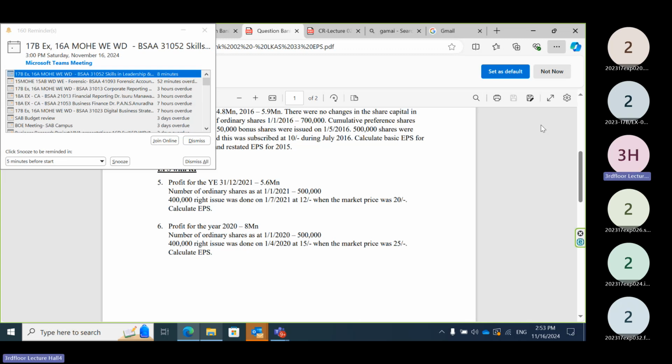Annual staff list, further request: calculate the earnings per share for the year ended 31st December 2023.